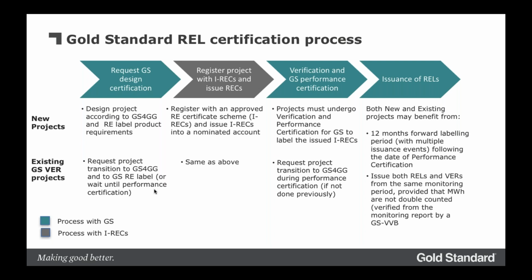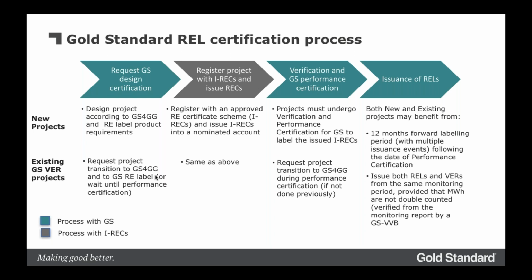Once this is done, or while this is being done, the project should also register with I-REC and issue the I-RECs into a nominated account, assuming that the project is already operational and generating electricity, of course. And after that, a project must undergo a verification and performance certification for the Gold Standard label.